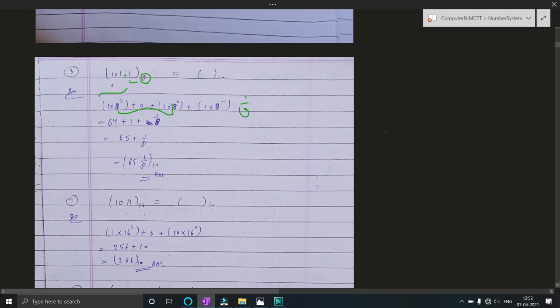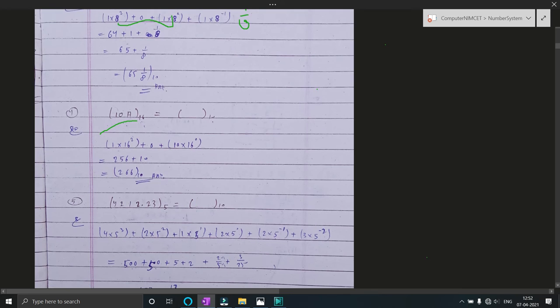Now hexadecimal to decimal. This time we need to convert a hexadecimal number to the decimal number system. So I'll be converting it. Just start from the right hand. The first digit is A. So what is A? I've just told you A represents 10, and similarly B represents 11, and C represents 12.